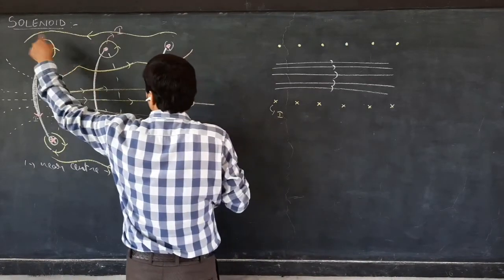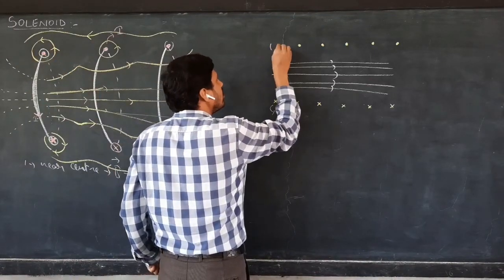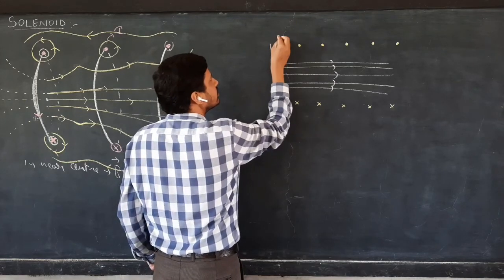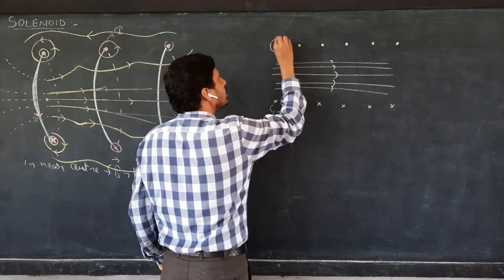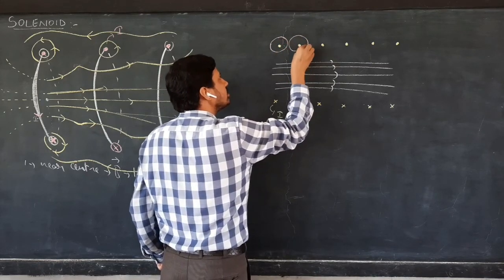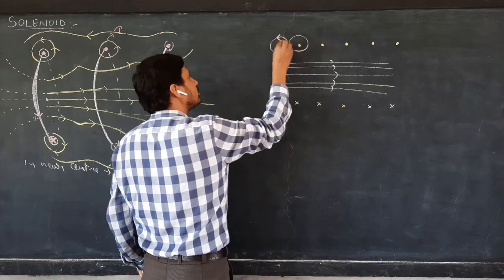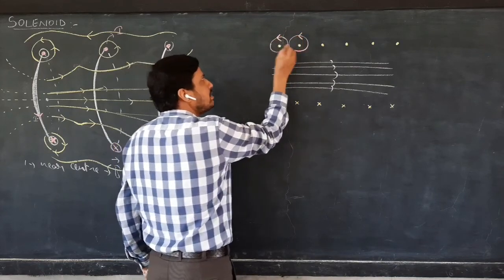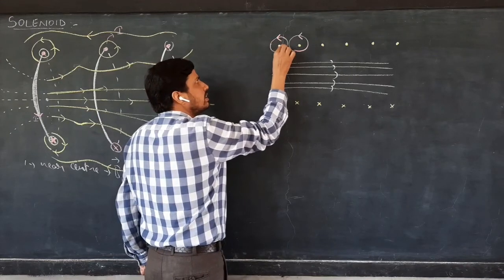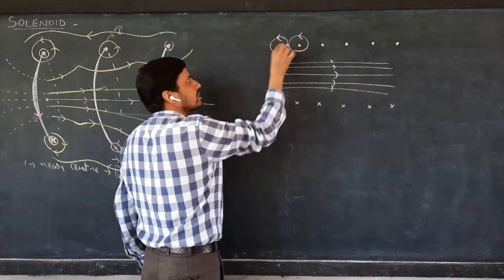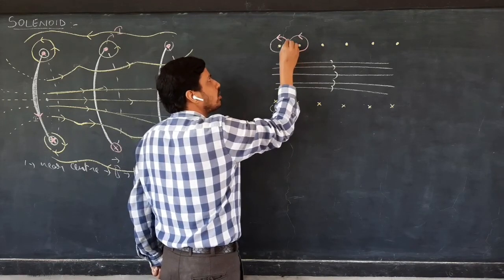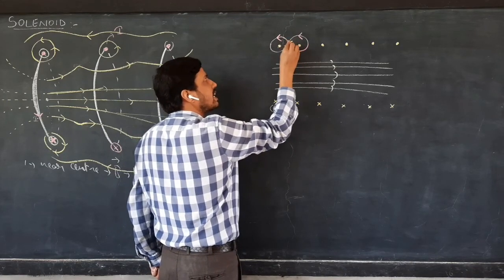Now this pattern, if you see here, current is coming out, so fingers will curl like this. The pattern of magnetic field lines will be like so. Just try to understand. In between the turns, due to this one, the magnetic field is in upward direction, and due to the right turn, the magnetic field is pointing in downward direction at these points.